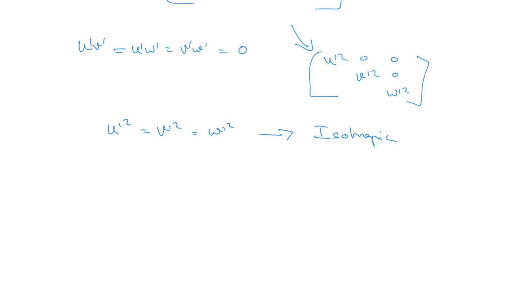At a point, if it is the same, that is, u dash square equals v dash square equals w dash square, it is isotropic. If it is different, and you have chances of transferring energy from one direction to another, it is anisotropic, and most of the flows around you will be anisotropic in nature.